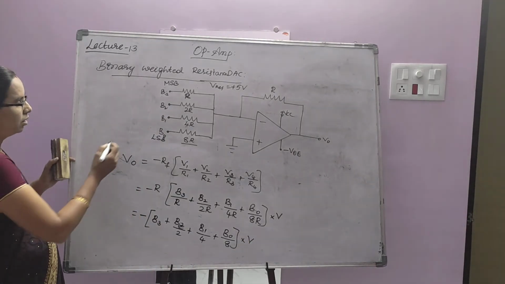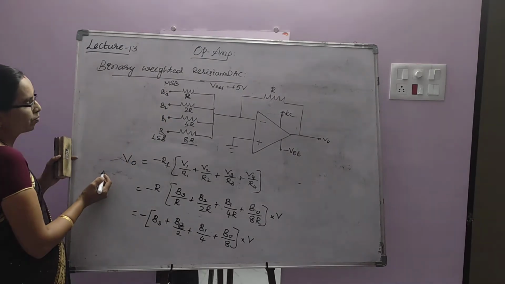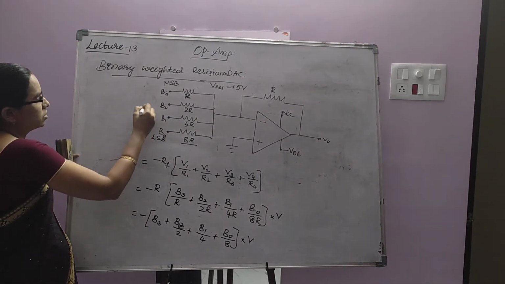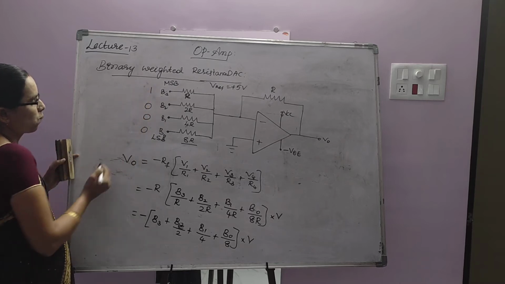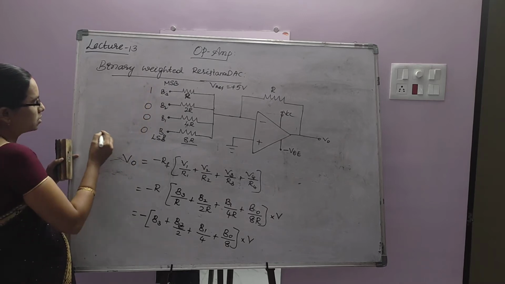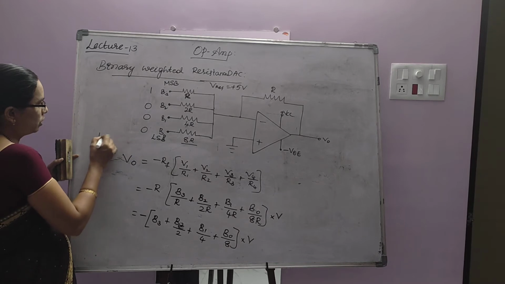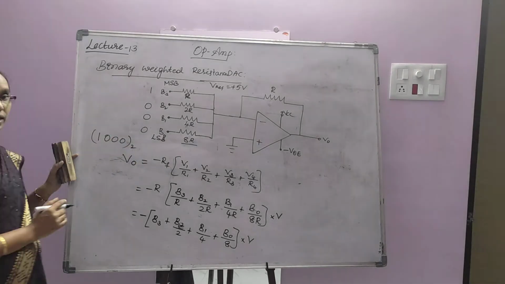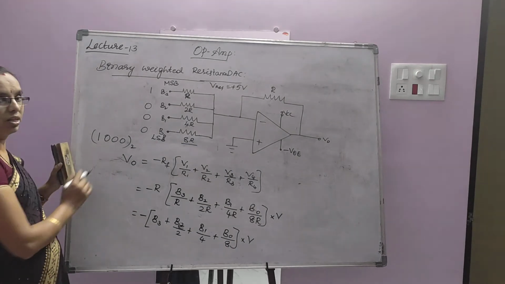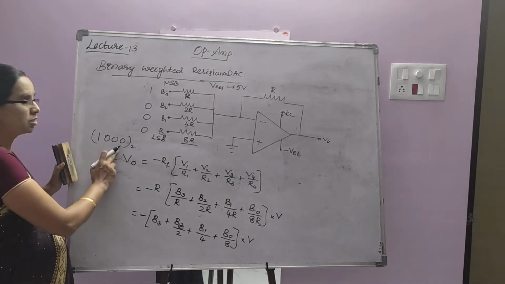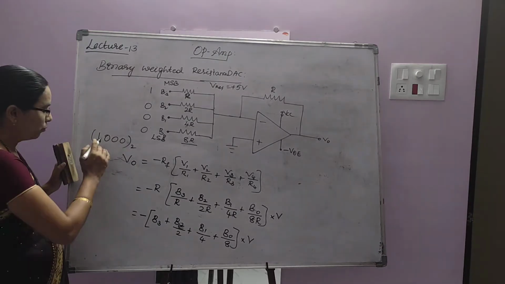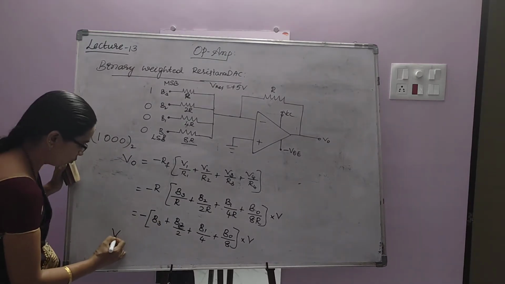So here, if I take the input 1, 0, 0, 0, that means the LSB is 0, and this is our binary digital input, which is decimal equivalent of 8. What will be the output voltage?